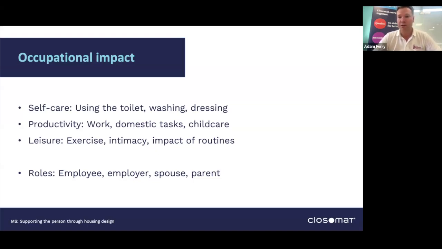Often here we're looking at how does mum pick the child up from school and get them home? How does the parent get to work or the person get to work and back? How do they go to the pub? How do they do the things that, if I think of myself in my 40s, I do on a daily basis? It's those sorts of activities and routines that we're often supporting the person with.